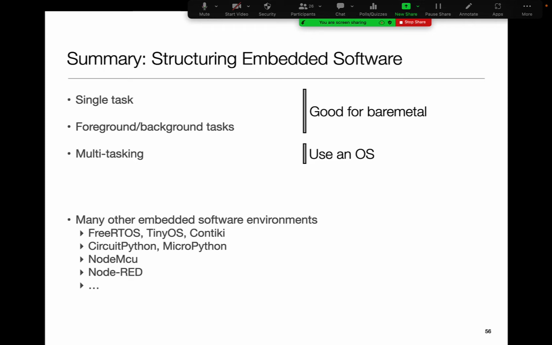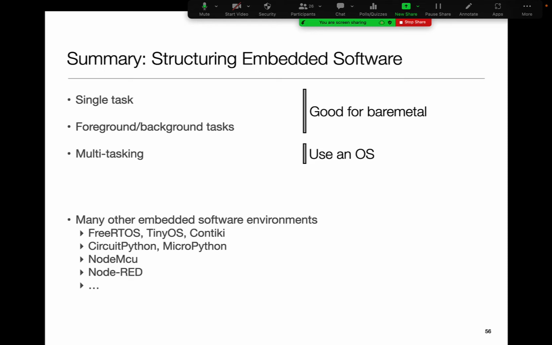Node-RED is an open source package from IBM, and it has a different goal. It provides a graphical interface which also works for distributed systems, in the sense that you can have pieces of code running on different platforms.